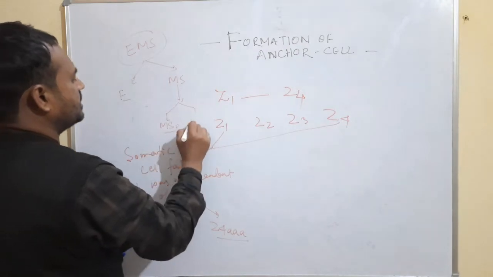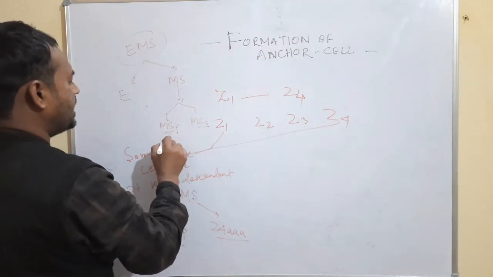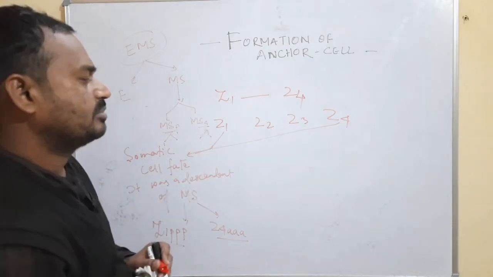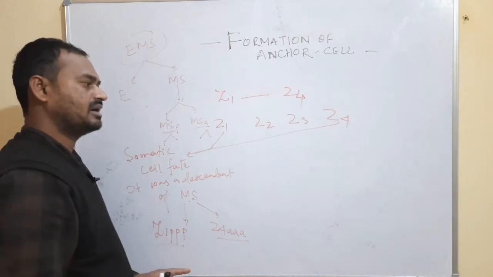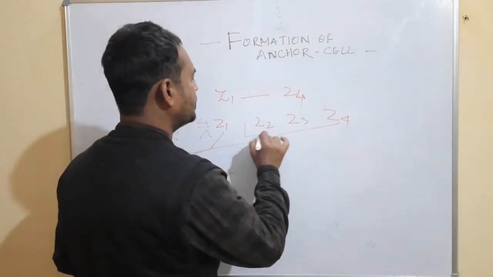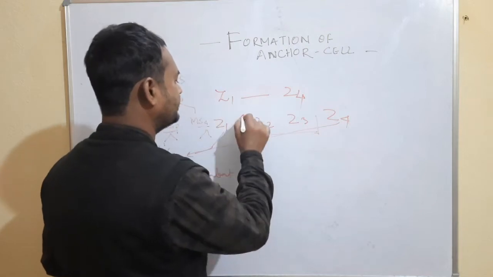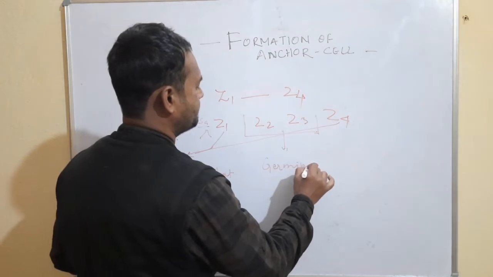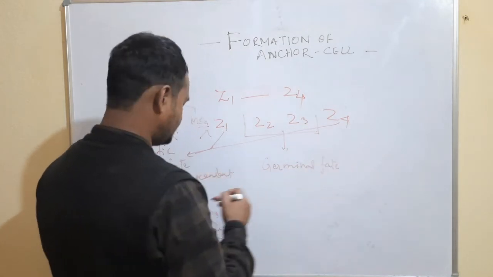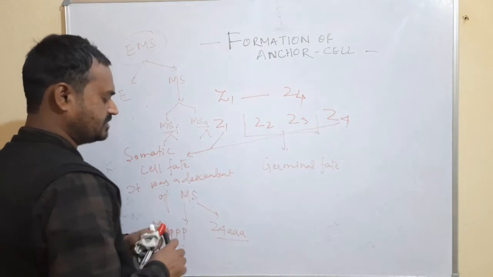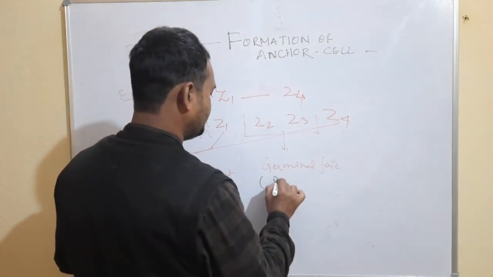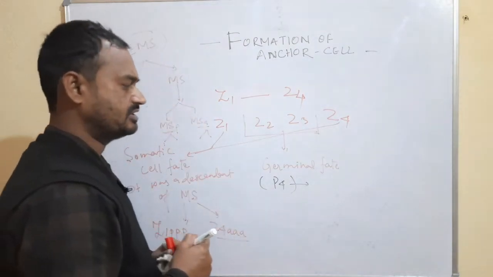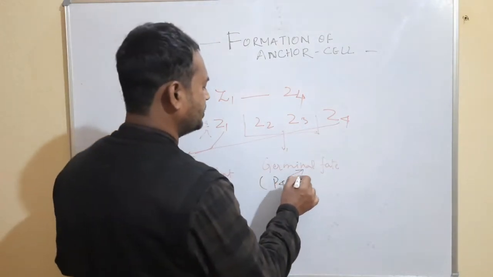MSp means posterior, MSa means anterior, and in the subsequent divisions the genesis of Z1.ppp and Z4.aaaa occurs. Then Z2 and Z3 acquired the germinal fate, and they were a result of the P4 division.